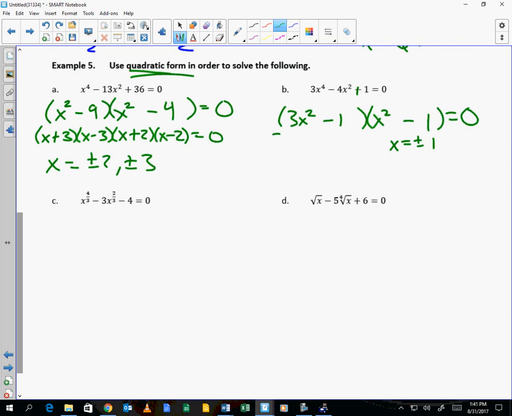But what we can do is solve by using square roots. So if we simply subtract or add the 1 and divide by the 3, we get x squared is 1/3. Because I have the x squared, there are how many solutions? So when I square root it, I must list the positive and the negative.